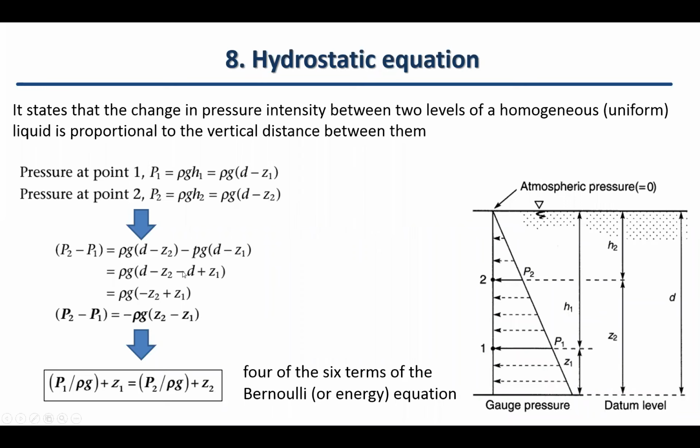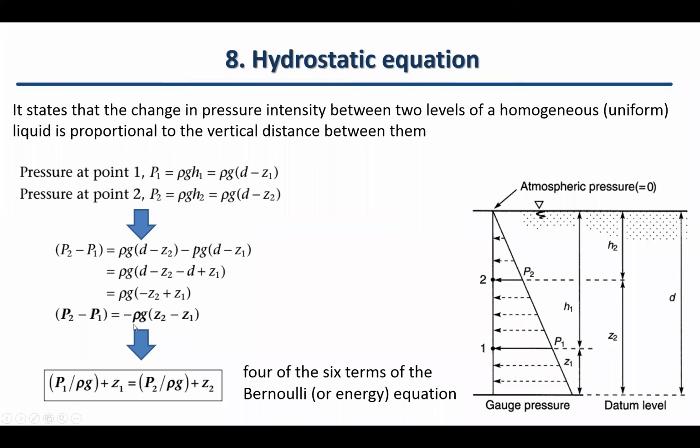The D and D cancel out, so we have rho g, minus Z2 plus Z1. Taking the minus outside the bracket, we have minus rho g, open bracket, Z2 minus Z1.